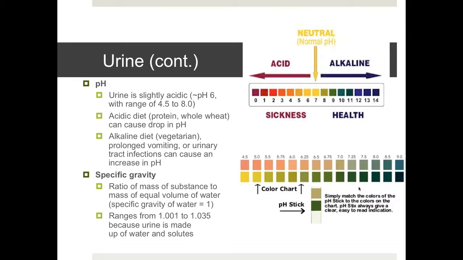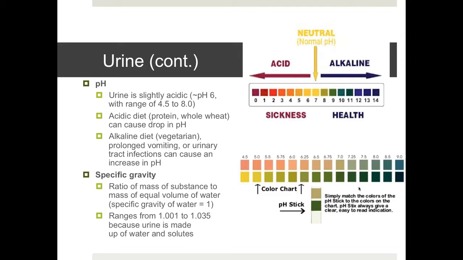And then we are going to talk about specific gravity here. So specific gravity is going to be a ratio of mass of a substance to mass of equal volume of water. And specific gravity of water is 1. So what does all that mean?